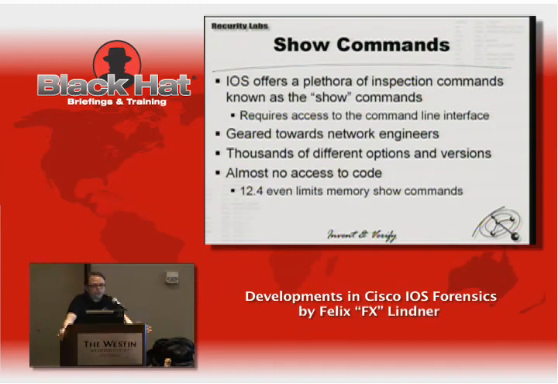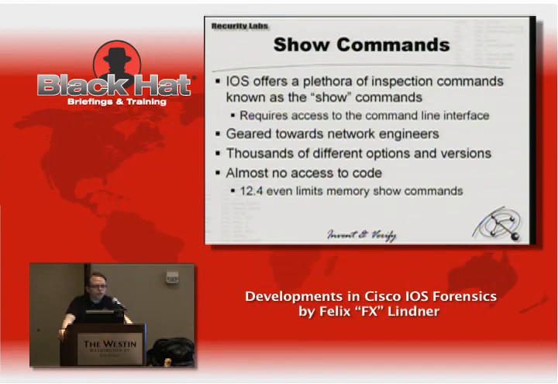And it's, of course, geared towards network engineers, so they can show you all types of routing tables, ARP tables, whatnot, but it wouldn't show you much about the process contexts and what process probably had a busted stack or something. There are many, many different versions, and then there is almost no access to information that would be interesting for a forensic expert.